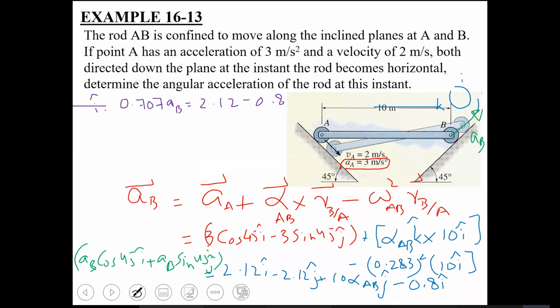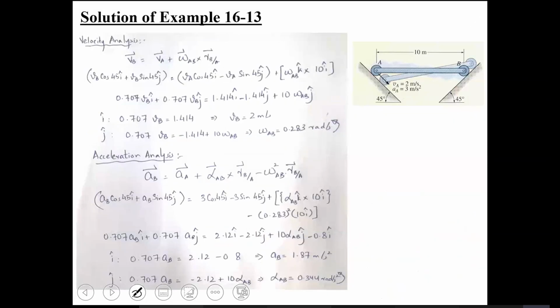When you write the j coefficients equation, on the left hand side 0.707 AB should be equal to minus 2.12 plus 10 alpha AB. ये आपके पास दो equations आ जाएंगी by comparing the i and j coefficients on both sides of this equation. Once you solve it, the value of AB comes out to be 1.87 meter per second square, and accordingly the value of alpha comes out to be 0.344 radians per second square.